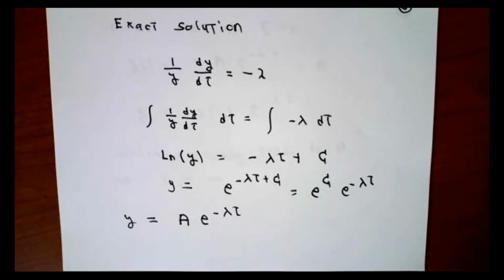You find out that the natural log of y needs to be negative lambda t plus a constant, meaning that y itself has to be e raised to the power negative lambda t plus a constant. Using properties of exponentials, you can write the e to the c factor out front, and I'll call that number a. Y needs to be a e to the minus lambda t.